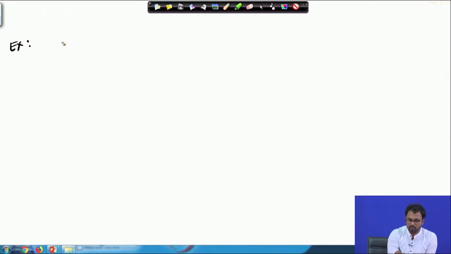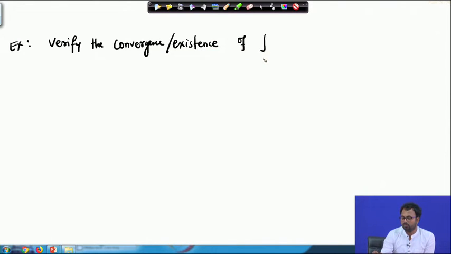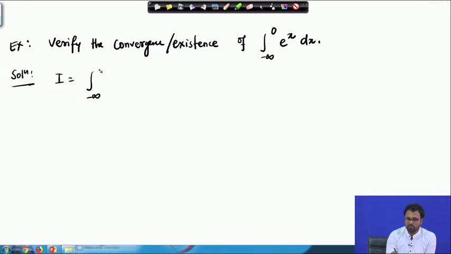Let us say, verify the convergence or existence, we can use either one of these terms, existence of integral from minus infinity to 0 e to the power x dx. So, let us start. Now, this one falls into the category of type 1. So, we can write I as integral from minus infinity to 0 e to the power x dx.